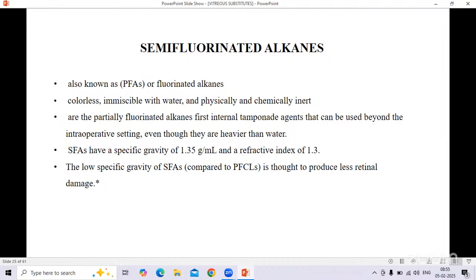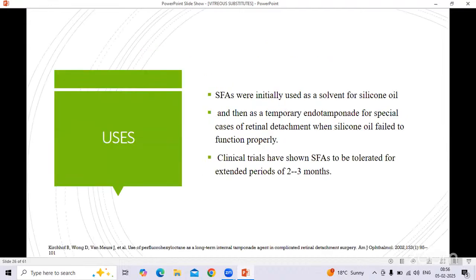Here the low specific gravity is thought to produce less retinal damage. They are used as solvents for silicone oil and for temporary endotamponade in special cases of RDs when silicone oil failed to function properly. Clinical trials have shown that they can be tolerated for an extended period of 2 to 3 months.